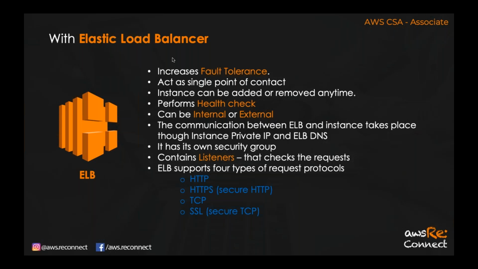Then it can be internal or external, that we have just seen, that is internet facing or internal. The communication between ELB and the instance takes place through the instance private IP.